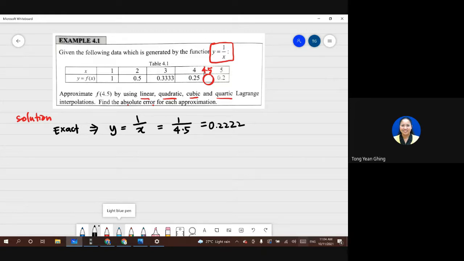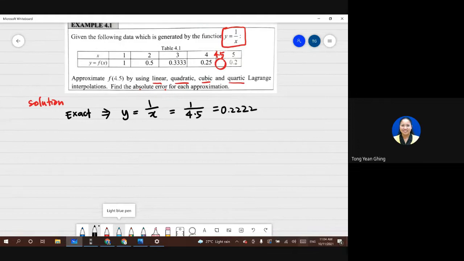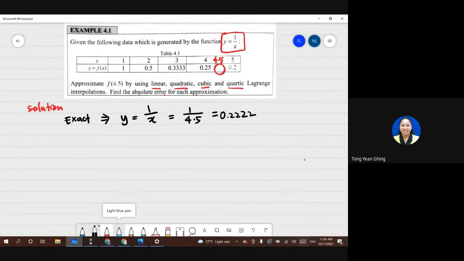Now we want to find using approximations, using Lagrange. So start from the linear.